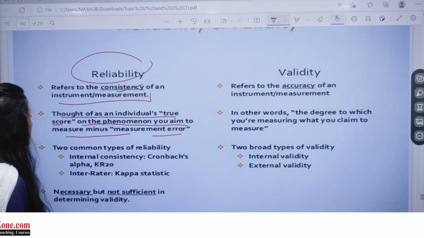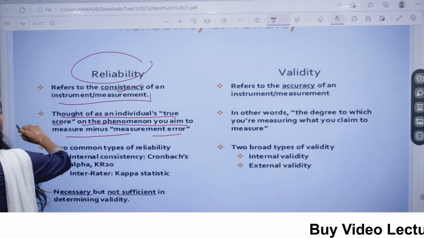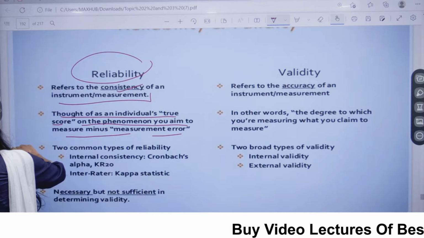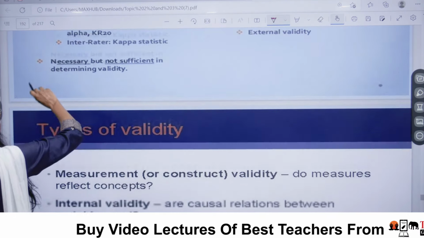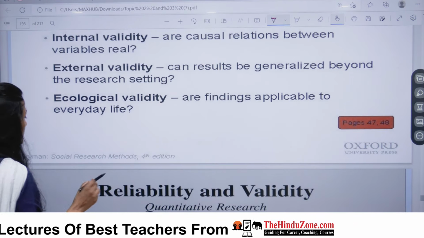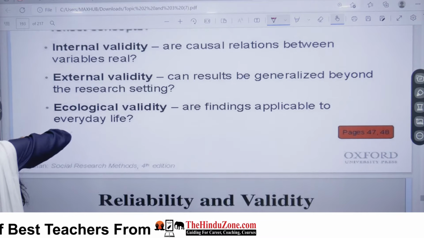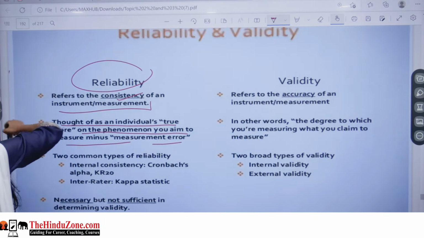They have given some explanation, you can just leave that. Now, let me explain validity first, then I'll explain both.